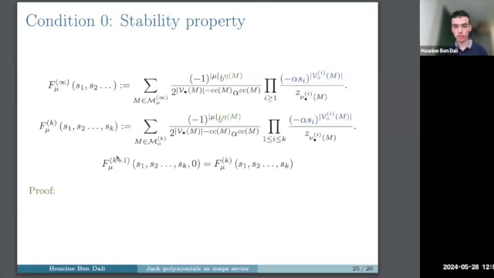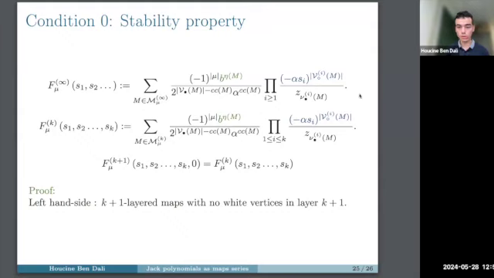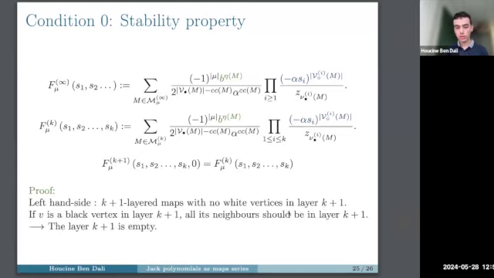So let's check this property. What is this left-hand side? This is a sum over k plus 1 layered maps with the condition that the weight of white vertices in layer k plus 1 is 0. So this corresponds to k plus 1 layered maps which have no white vertices in layer k plus 1. But actually this also implies that the map has no black vertices in layer k plus 1.